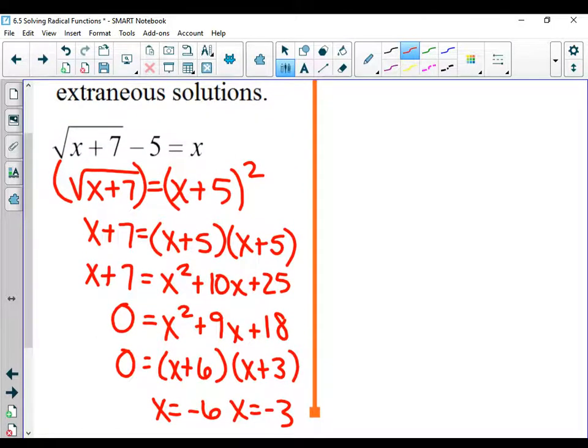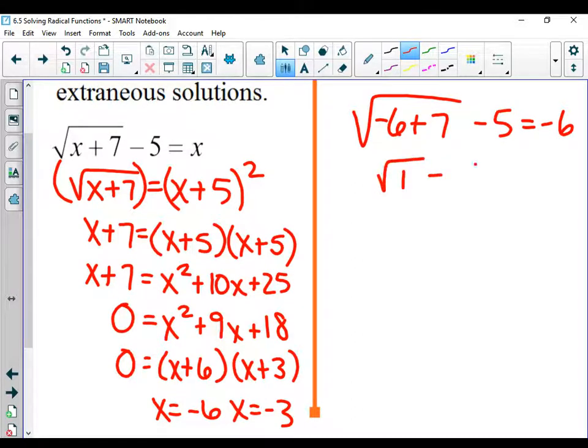But did they both work? Did -6 work? No, it didn't. Okay, so -6 plus 7 minus 5 should get me negative 6. So that gets me the square root of 1, and 1 minus 5 is negative 4.